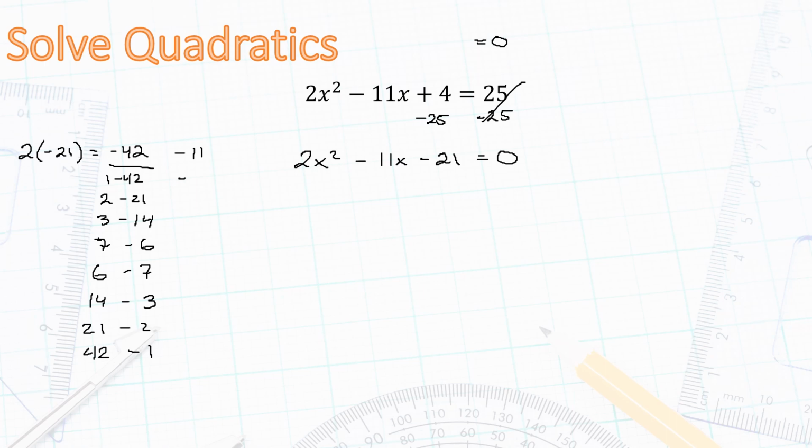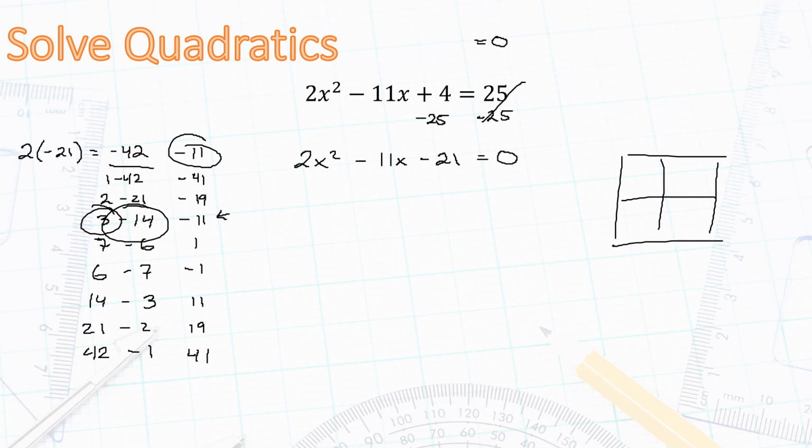So add those together, you get negative 41, negative 19, negative 11, 1, negative 1, 11, 19, and 41. We want a negative 11, so I am after this one, which means my two factors are 3 and negative 14.